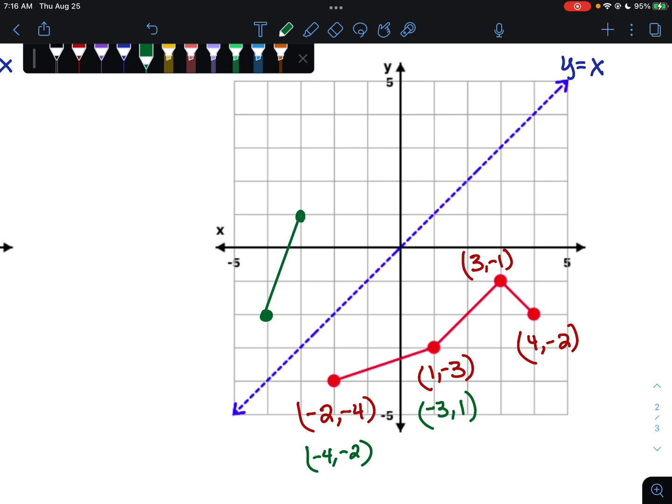There we go. Sorry, we want to make sure we go in order, so that means I would go to this point, which would be negative 1, 3. Negative 1, 3. There we go. And lastly, we're going to have negative 2, positive 4.